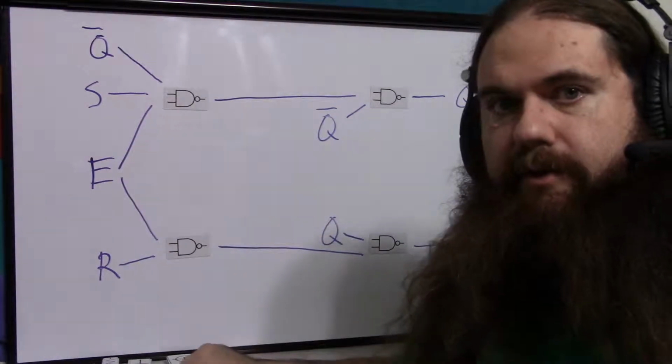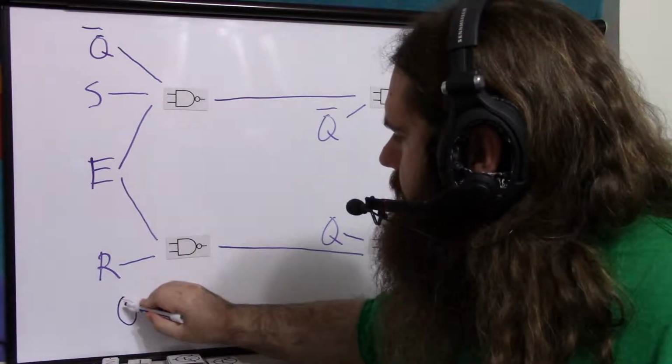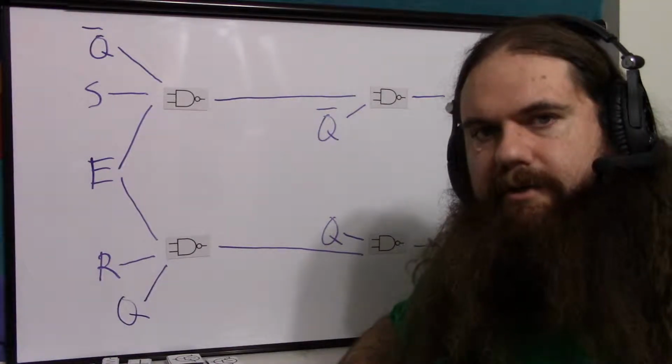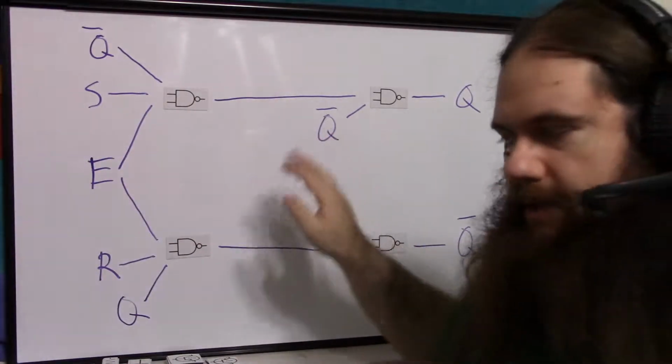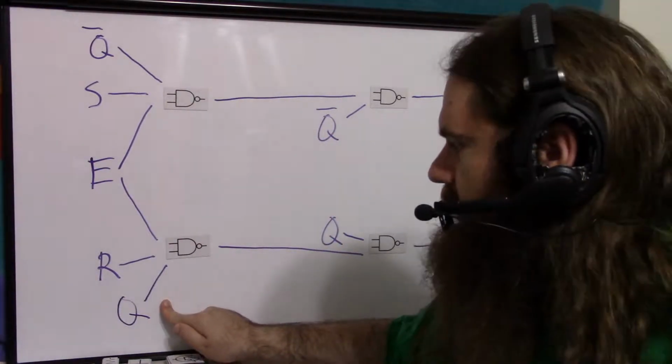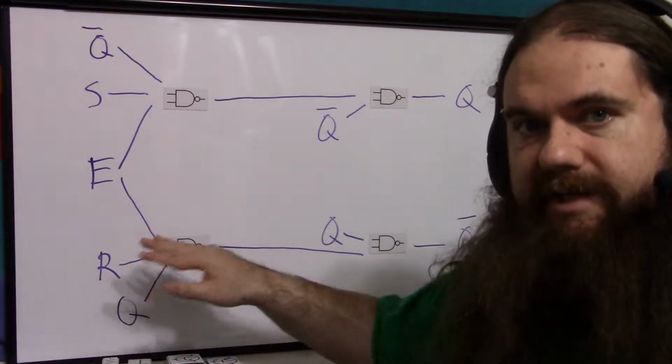In order for set to go through, it has to be not set. Similarly, we can put Q here. In order for the reset signal to be accepted, to be passed through to the latch part, we cannot be in the reset mode. If Q is 0, that means we are already reset, so reset does nothing.